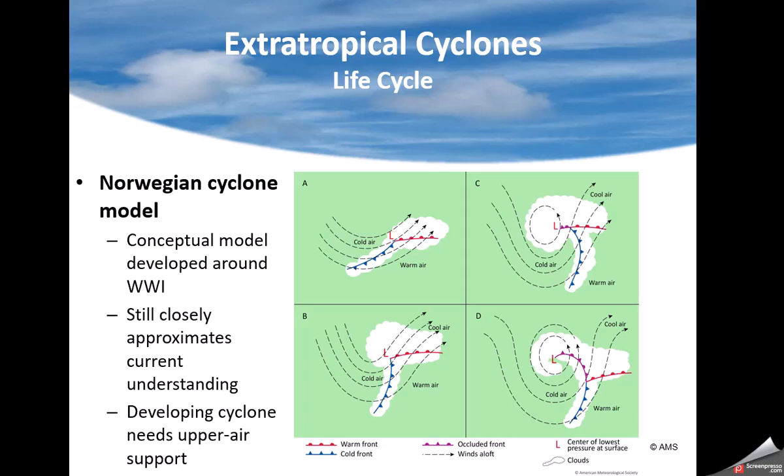You have a jet developing aloft, which allows divergence to begin. Divergence begins aloft, and you begin to get low pressure along these frontal boundaries. So you develop a warm front out ahead of it and the cold front behind it. As that surge of cold air pushes south, in more of a meridional flow pattern, the low deepens even more.